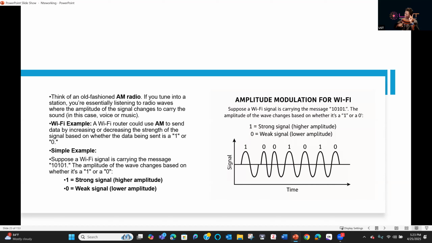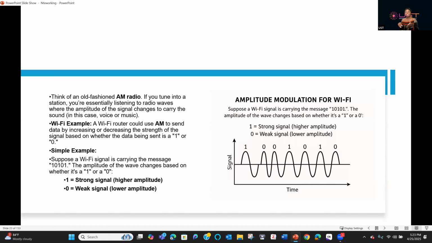Remember, the router is also an interesting concept. If it's a 1, then of course the strength increases. But if it's a 0, then it decreases, right?